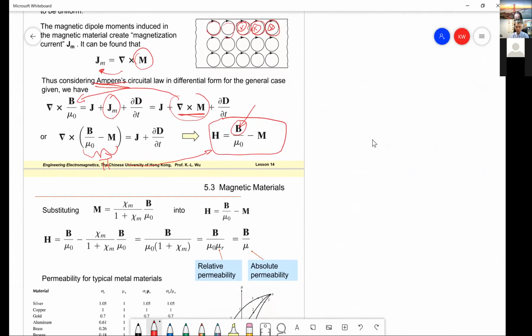Having understood this, we can modify the original Ampere's law in free space.